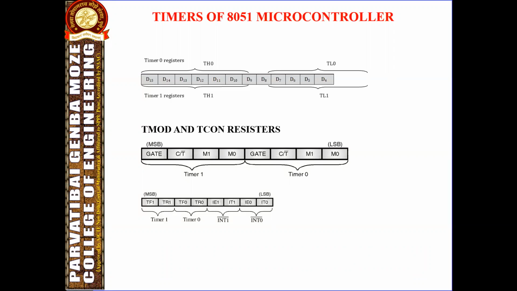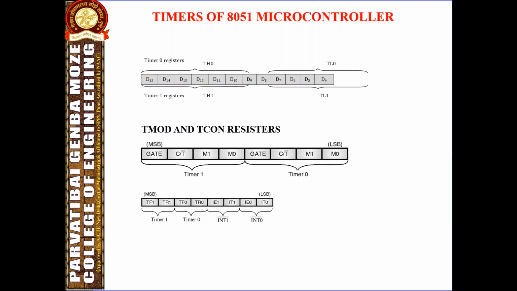Both these registers can be configured independently to operate as a timer or an event counter. They can be used as timers to generate a time delay, or as counters to count events happening outside the microcontroller.